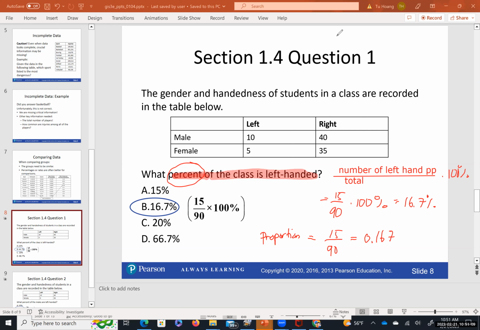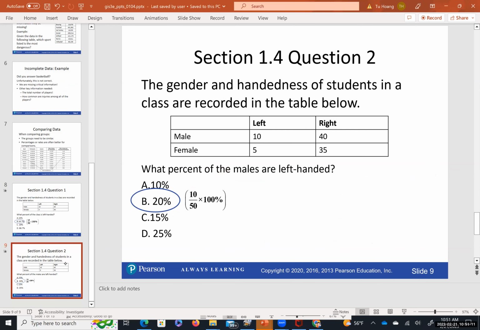So let's move to the next slide and see the other question. It says, what percent of males are left-handed? So you have to look at the males that are also left-handed first.